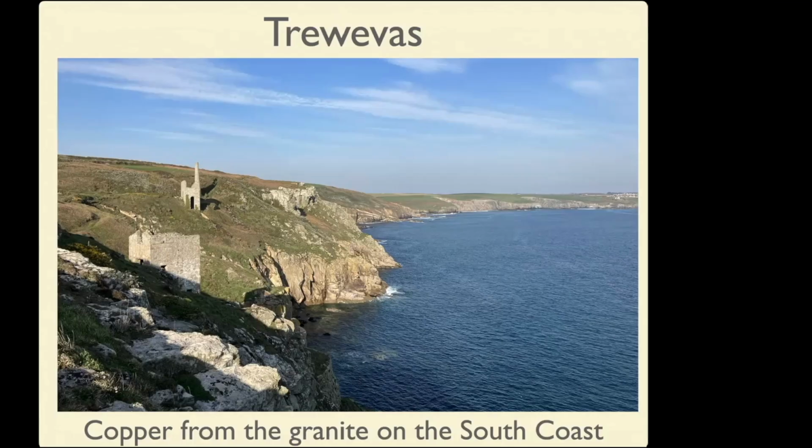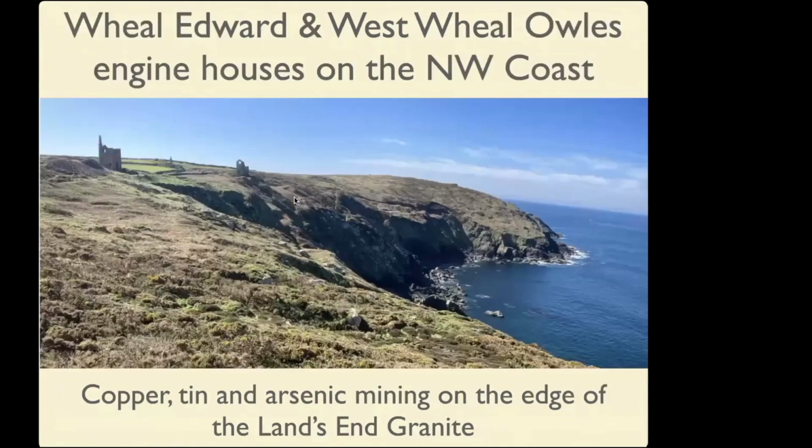So that's the South Coast. North Coast. So this is Wheal Edward. I think it's Wheal Edward and Wheal Owles, might be the other way round. Engine houses on the North Coast, and you see these engine houses all over the place. And in this area, you had copper, tin, and arsenic mining on the edge of the Land's End granite.